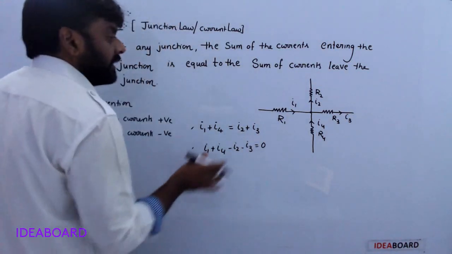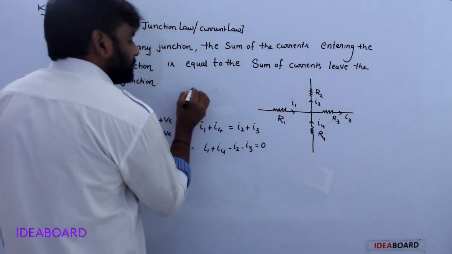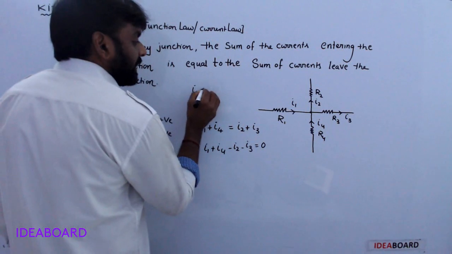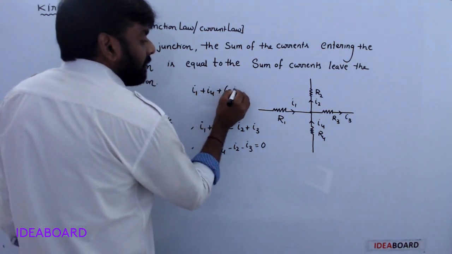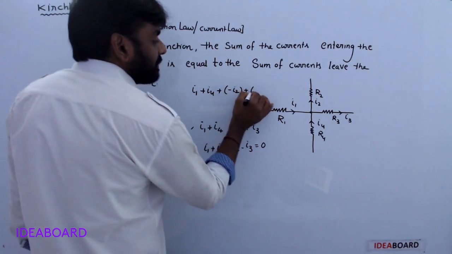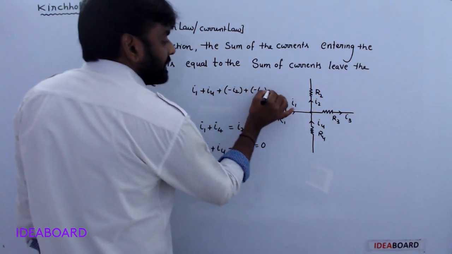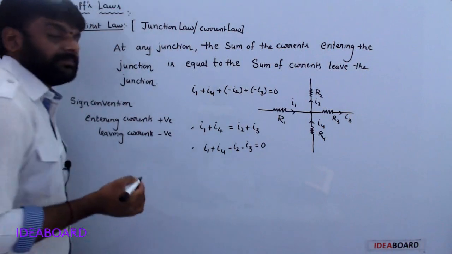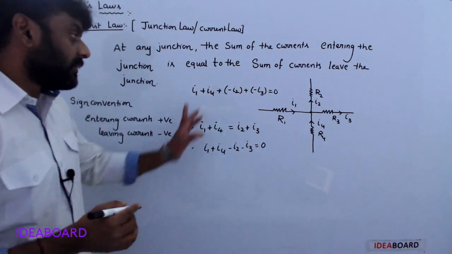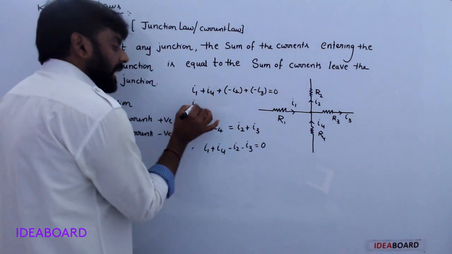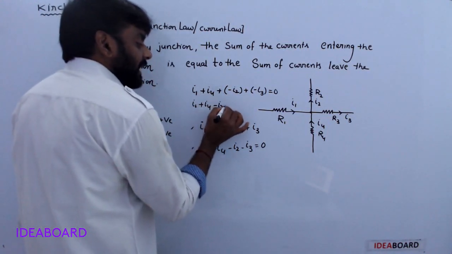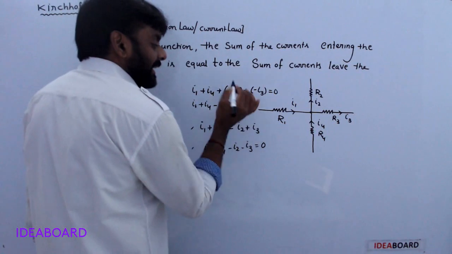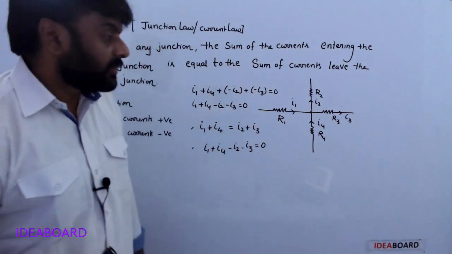Based on this, entering currents I1 plus I4, and leaving currents minus I2 minus I3, is equal to 0. So I1 plus I4 minus I2 minus I3 equals 0.